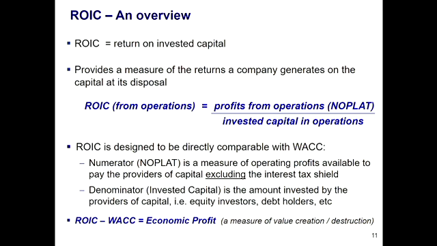Conceptually, we strip out all of the non-operating assets and non-operating income or expenses from NOPLAT, and we strip out all of the non-operating capital investment in the denominator. So this ratio is purely for the operating assets of the company, and it tells us its core business performance.